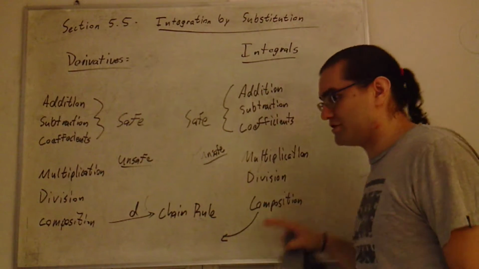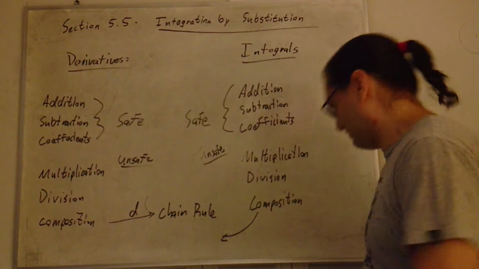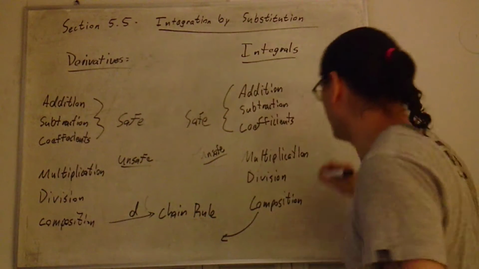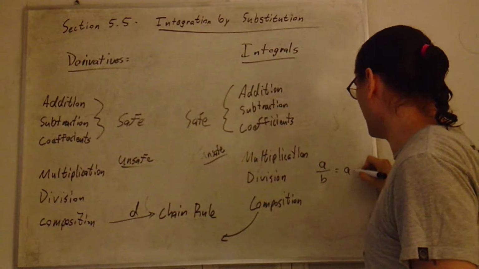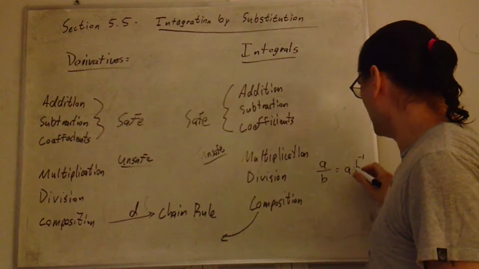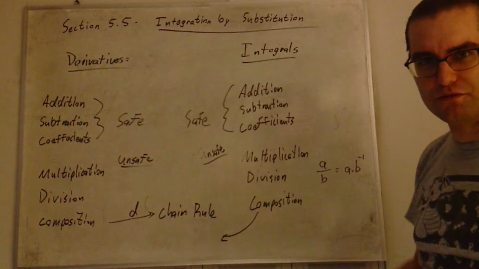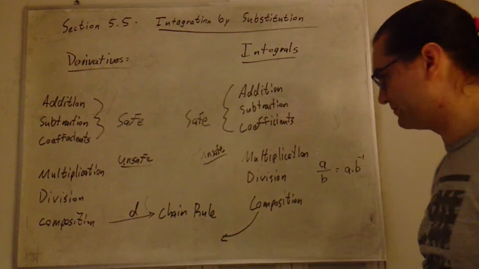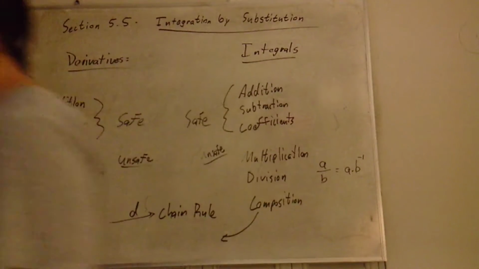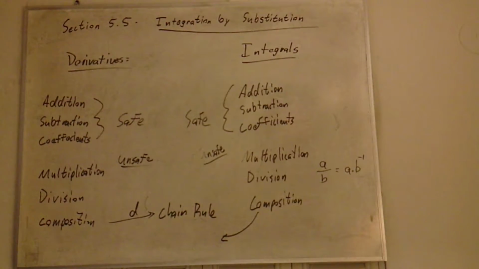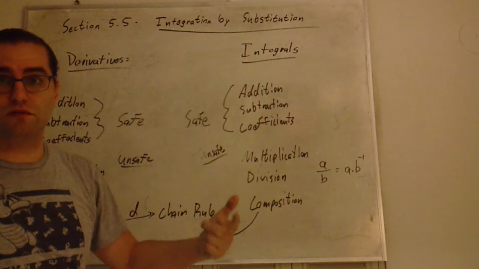And when we have division, it's probably best to change the division: instead of having a over b and trying to work with a division, do a times b to the negative 1 and do some sort of product times a composite. There's no nice rule for divisions. You just got to use products and composites together. So that's the structure of what we're going to get into. Let's get into it.